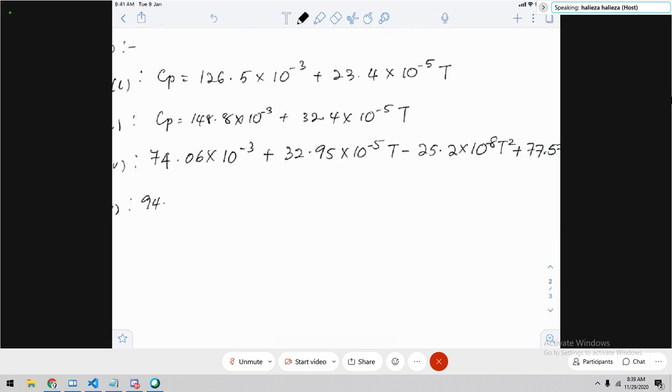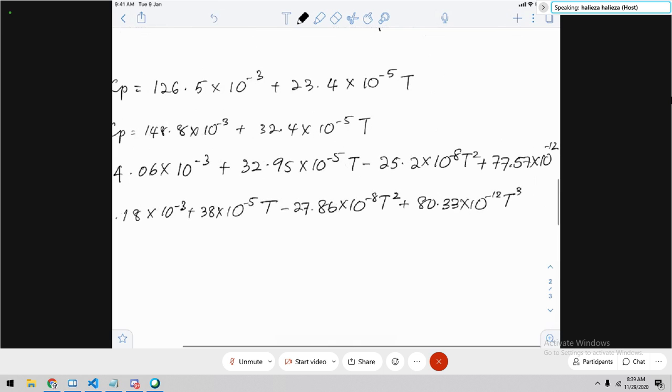I'm not going to write the Cp because I need the whole space. 1.8 times 10 to minus 3 plus 38 times 10 minus 5 T minus 27.86 times 10 minus 8 T to the power of 2 plus 80.33 times 10 to the power of minus 12 T to the power of 3. Over here should be T to the power of 3. Okay. I could at least squeeze it.